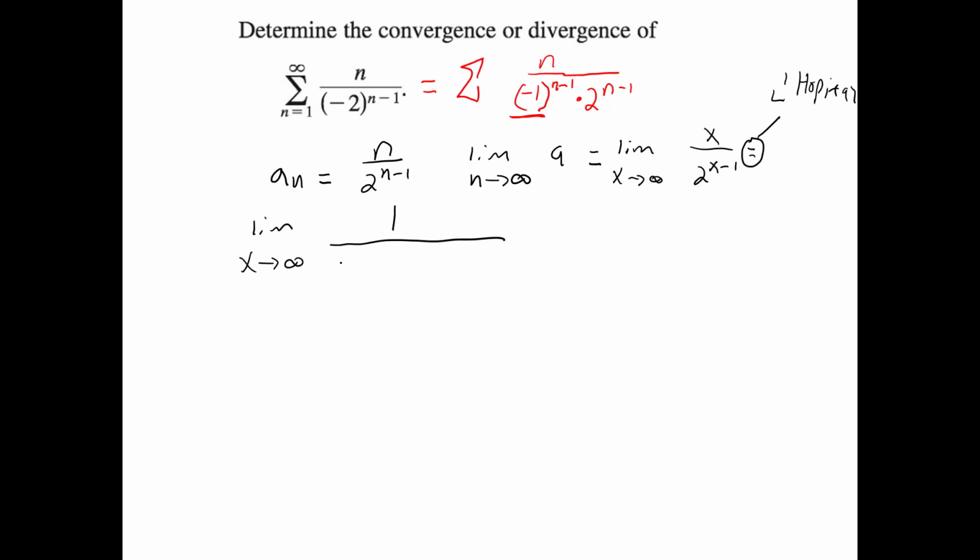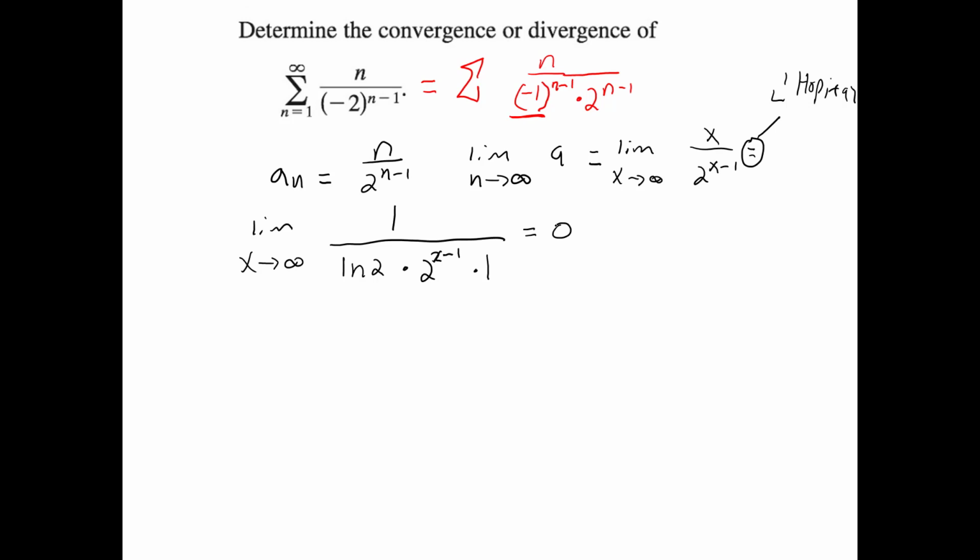So if you remember the derivative of an exponential function whose base is not e, you get this extra factor of the natural log of 2 times 2 to the x minus 1, the same inside, times the derivative of the inside, but that's just 1. And now the numerator is fixed at 1. The denominator has this 2 to the x minus 1, which keeps growing and growing without bound. So this limit is 0. And so we've got that part.